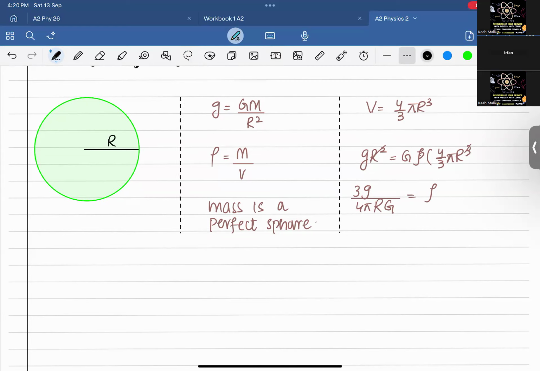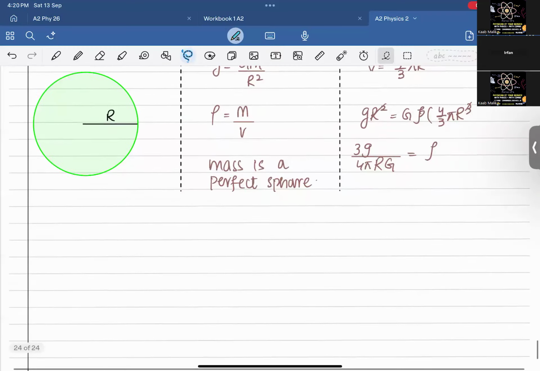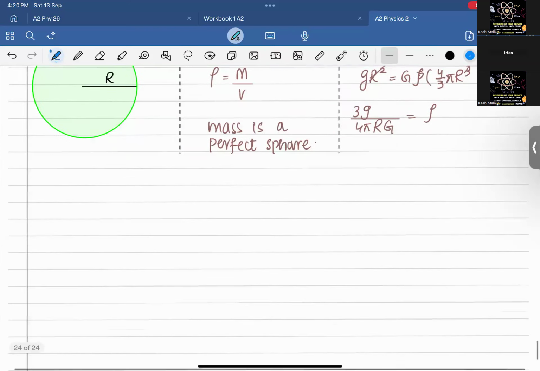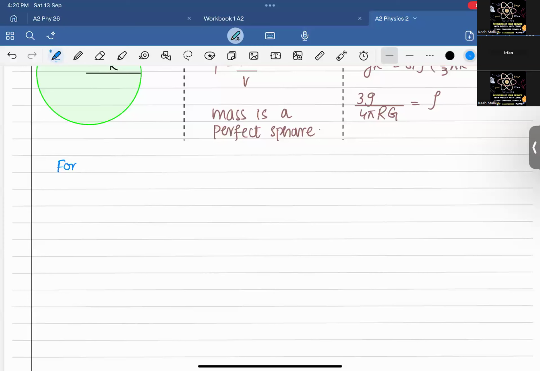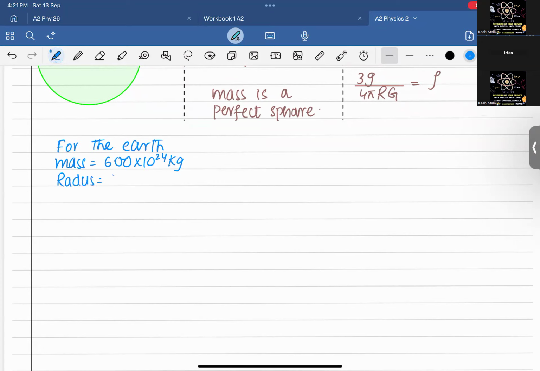So if we try to find out the gravity of the Earth using this formula, let's say the mass of the Earth is given to you as 6.00 exponent 24 kg, and the radius is going to be 6.40 exponent 6 meters.